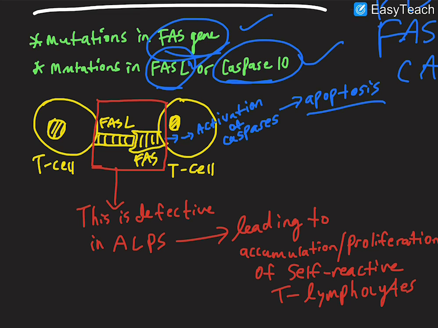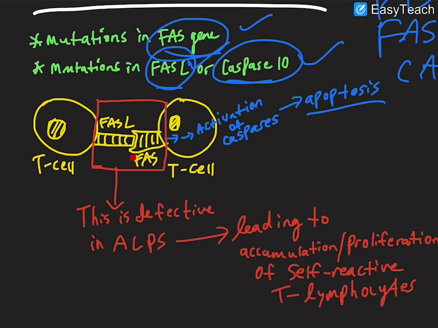So let's see that. Let's say we have this T cell right here. This is the self-reactive T cell, and it needs to undergo apoptosis. So another T cell nearby has Fas ligand on it. This T cell has CD95 or Fas receptor on it, right? And if the Fas ligand binds, then this cell will undergo apoptosis, because once Fas ligand binds Fas, we know it activates caspases, and caspases lead to apoptosis.